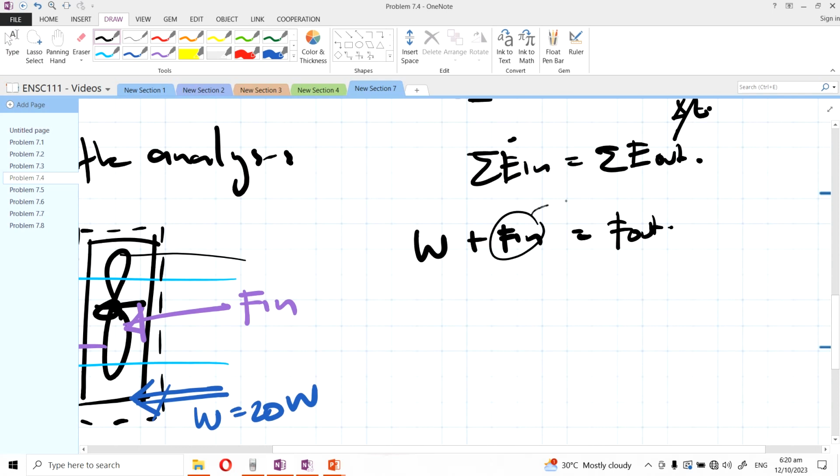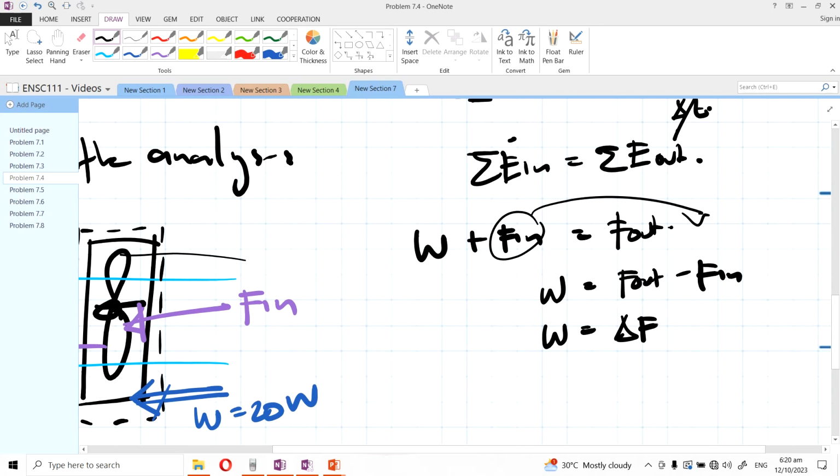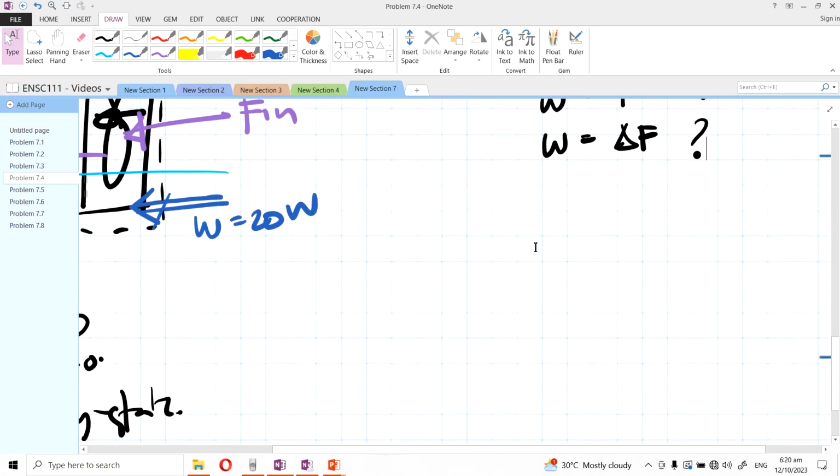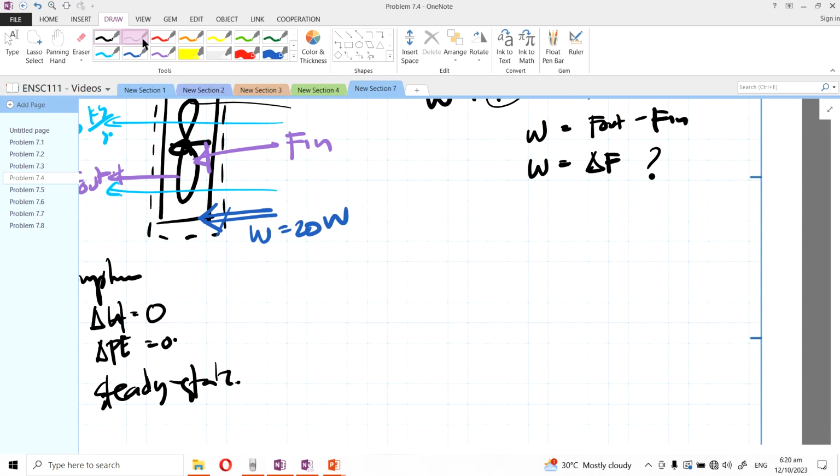Now I want to transfer this F in to the right side, so work is equal to F out minus F in. Since out and in are just the difference, I can write it in terms of delta F. Recall from our topic 6 that delta F includes delta U plus delta KE plus delta PE plus the delta of the flow work.